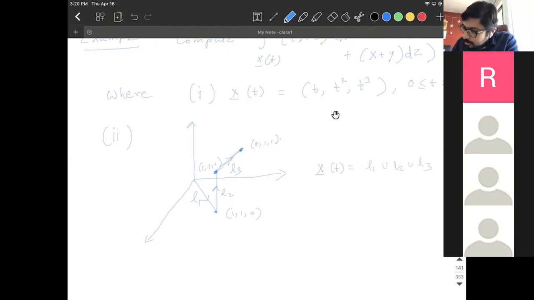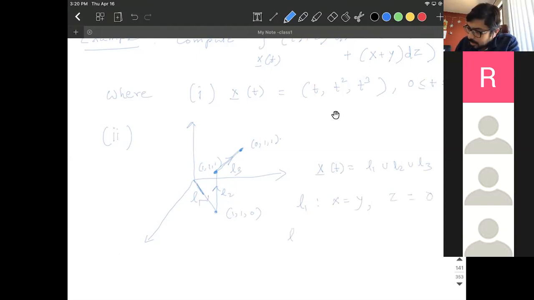Now you can write down a little bit more. So L1 is the following. So here x and y are the same, so you are basically going along the diagonal here. So x and y are the same, and the z coordinate is 0.